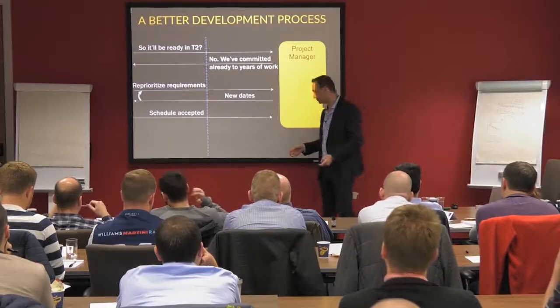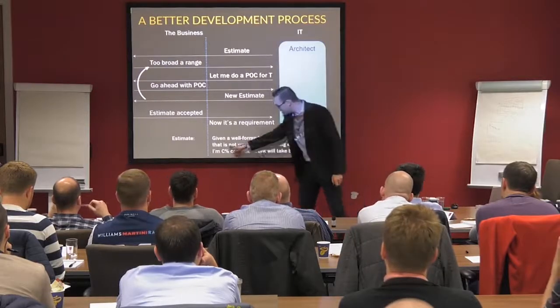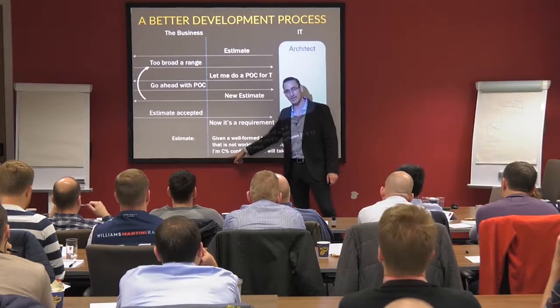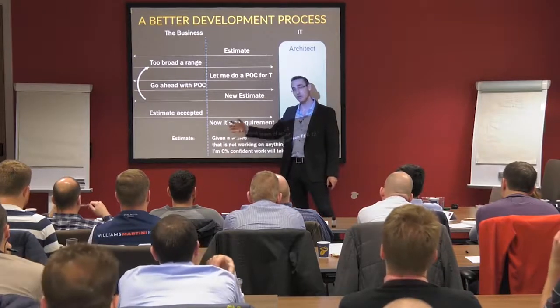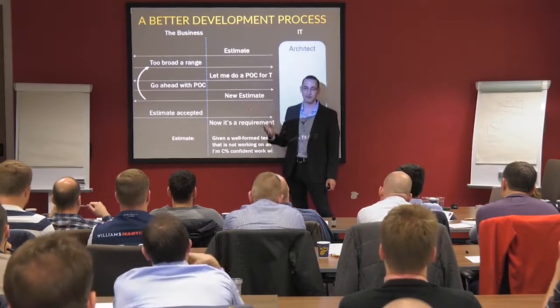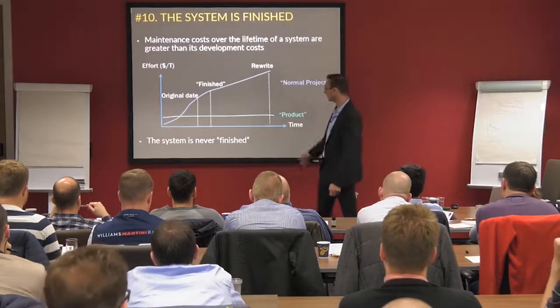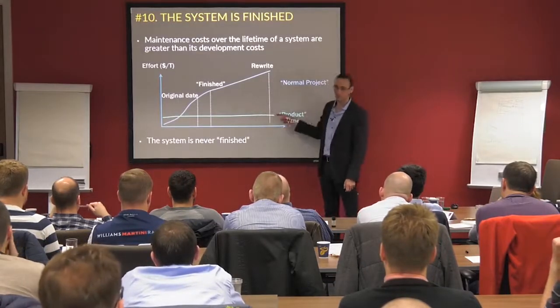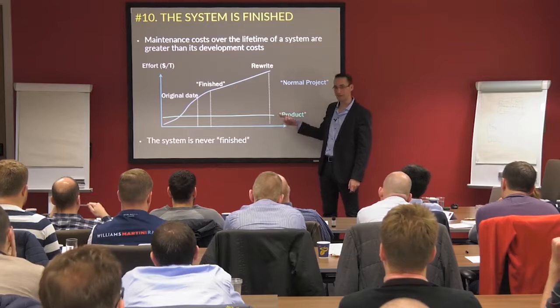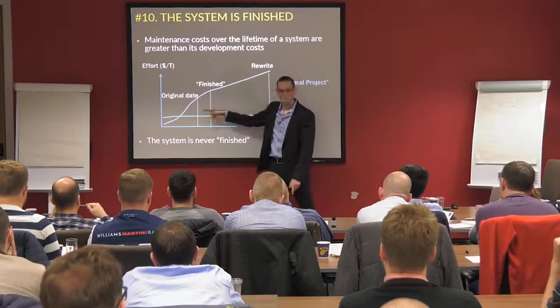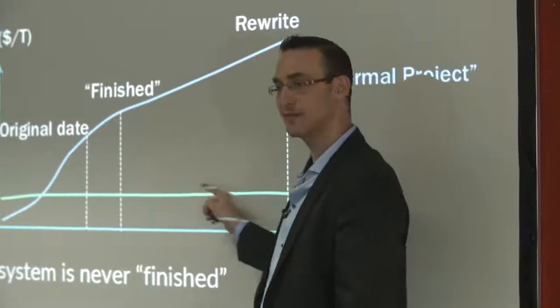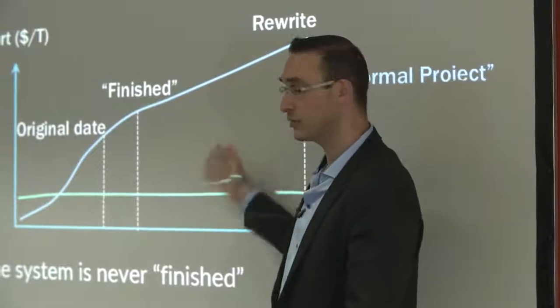And that's why, coming back to this, we almost always have a certain degree of confidence, because we know that there's going to be some movement around that. Part of this relates to, going back to this picture over here, this is a long-lived product. We're going to be making some mistakes along the way that we know we're going to have to redo. It's never going to be finished.